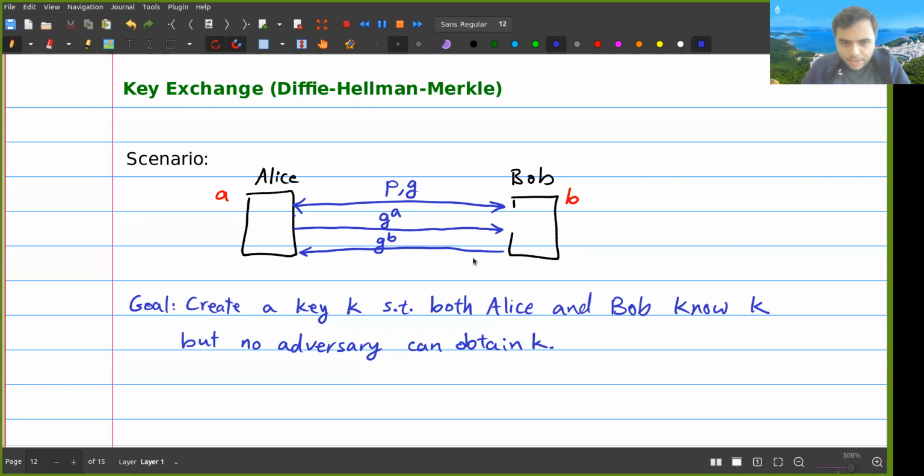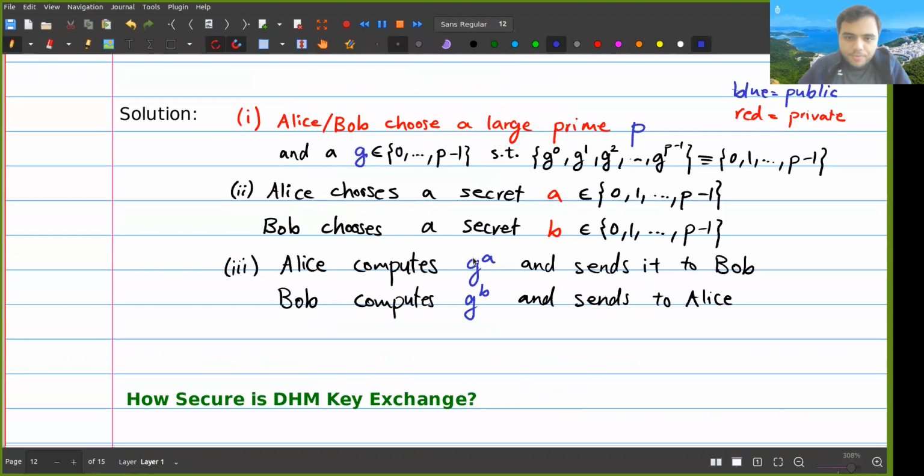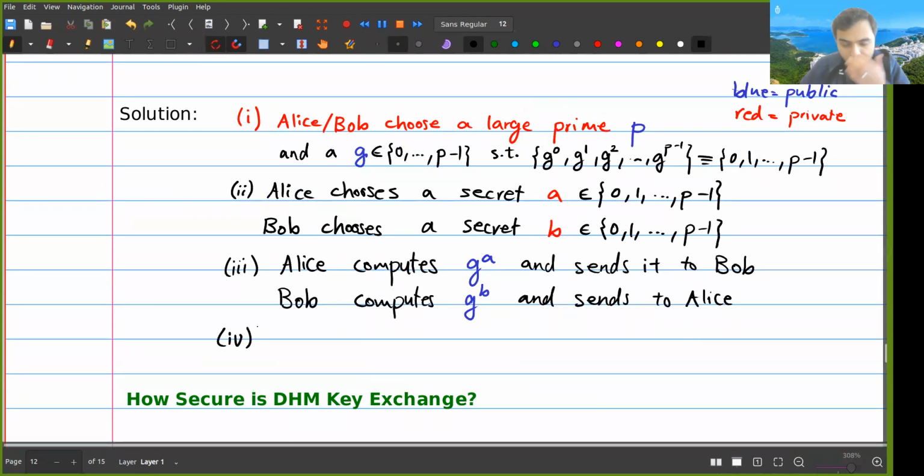But now here's the nice part. This is step 4. Okay.